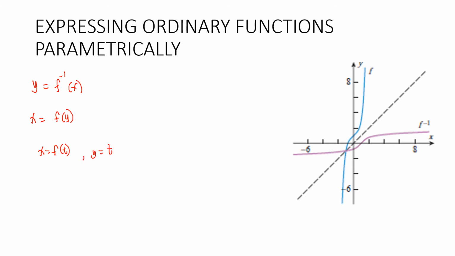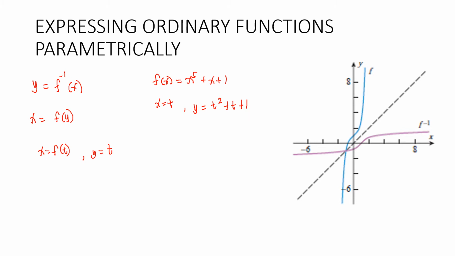So for example, we have here the graph. F of x is equal to, let's say, x to the fifth plus x plus 1. The graph of the function can be represented parametrically as x equals t, y equals t to the fifth plus t plus 1.